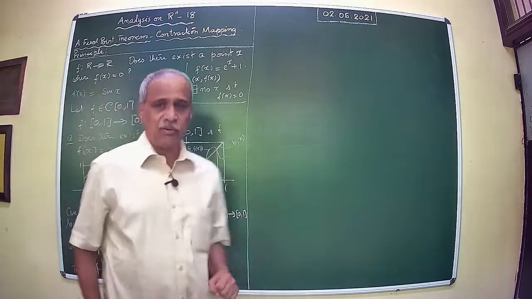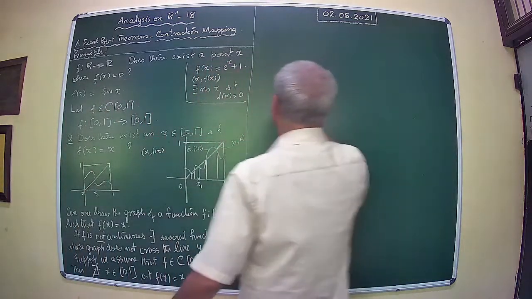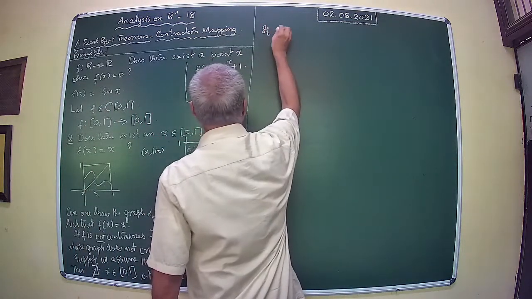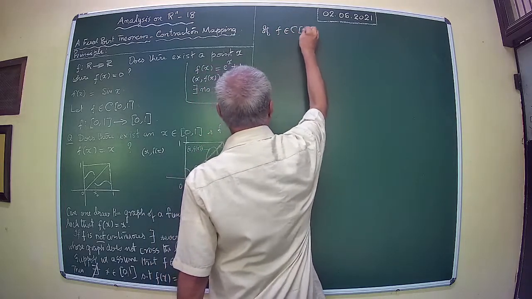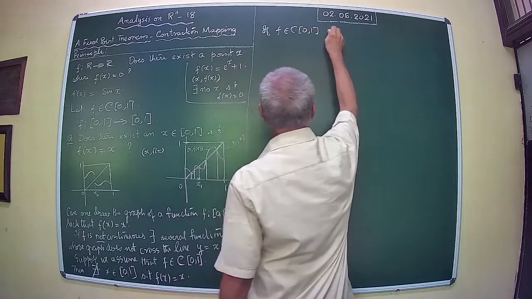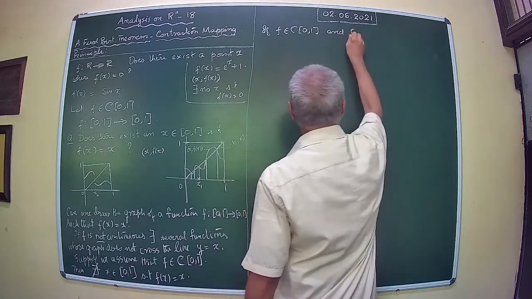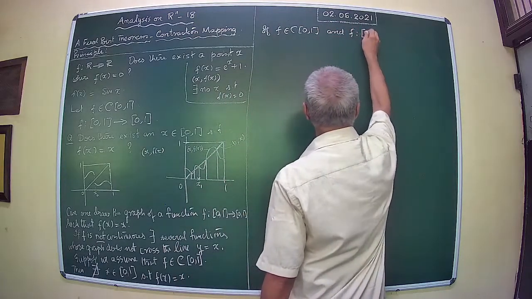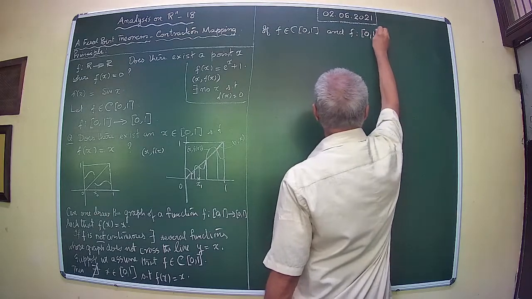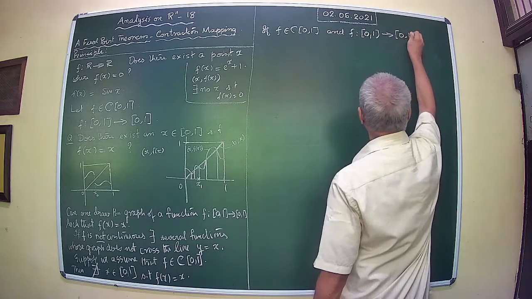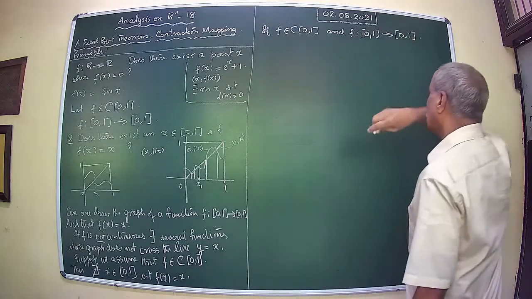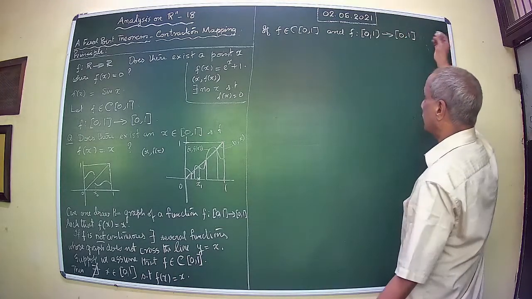Okay, so it looks as though if f belongs to C[0,1] and f is from [0,1] to [0,1], I want to venture a statement.